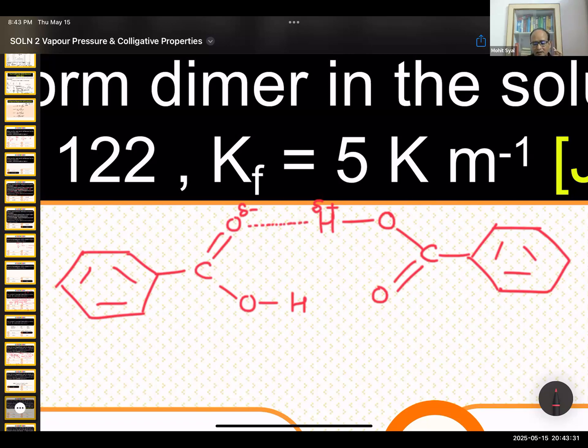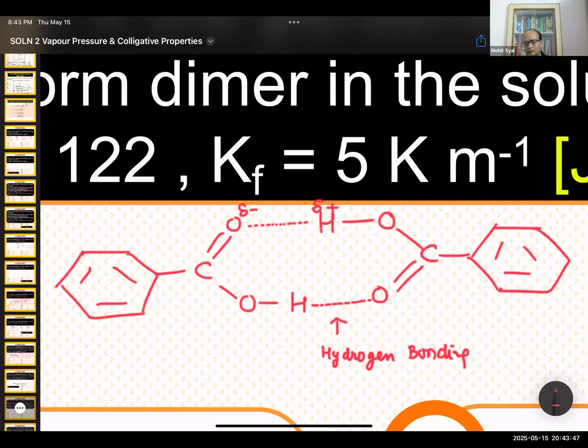In the same way, this OH gets attracted towards the double bond O of the other benzoic acid, and this bond is known as hydrogen bonding. Or in simple terms, you can say H bonding.